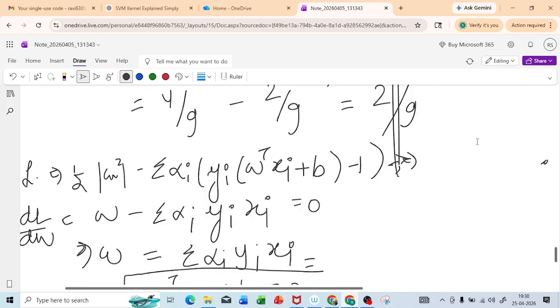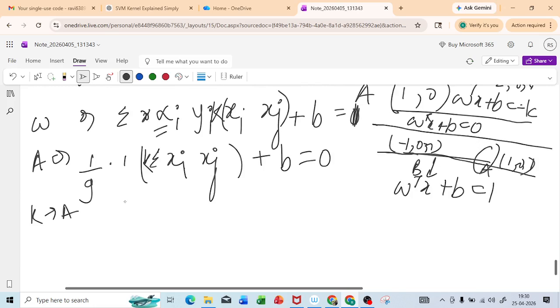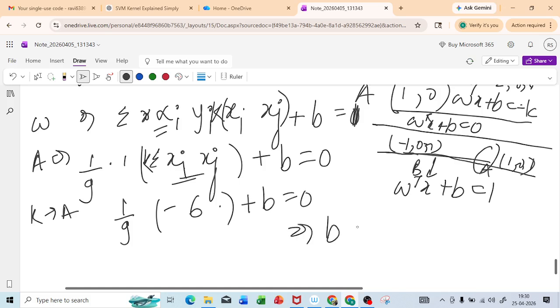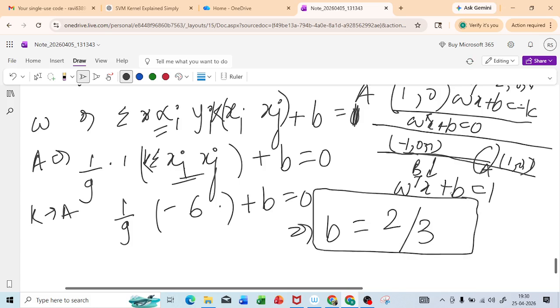So we write it like this: 1 by 9 into minus 6, and x_j we already knew, it is the kernel which we calculated for this specific point, plus b equal to 0, and b then becomes 6 by 9, which is 2 by 3. So this is done, we have already found b.